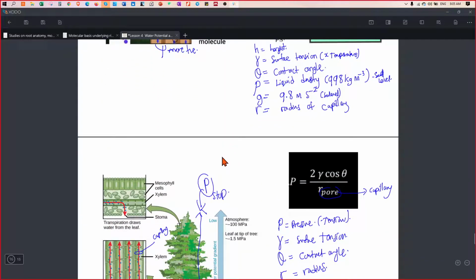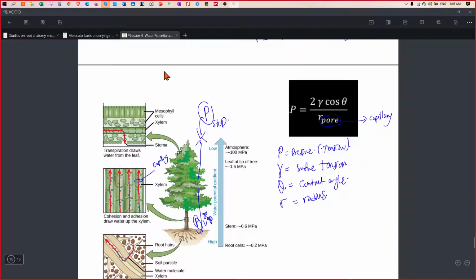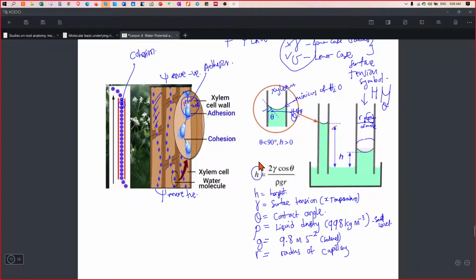So you have learned so far there is adhesion, there is cohesion, and there is a water potential gradient to drive water upward. If you can understand all of this, you can understand why there is a need to reduce the radius. That's why we call it capillary action.